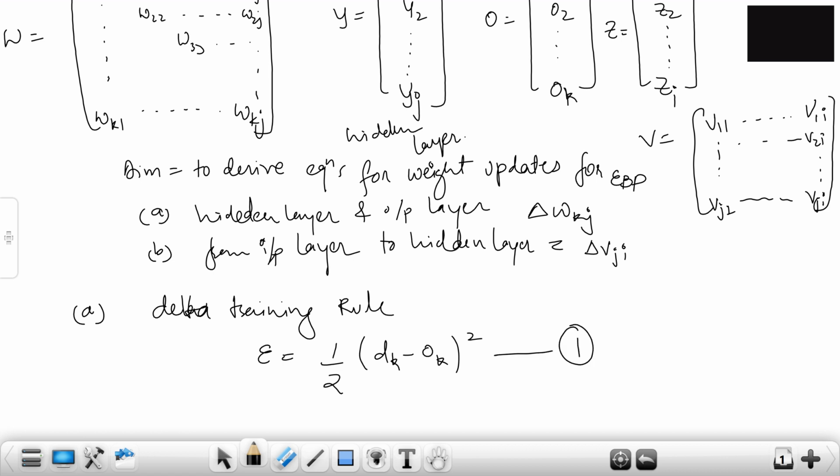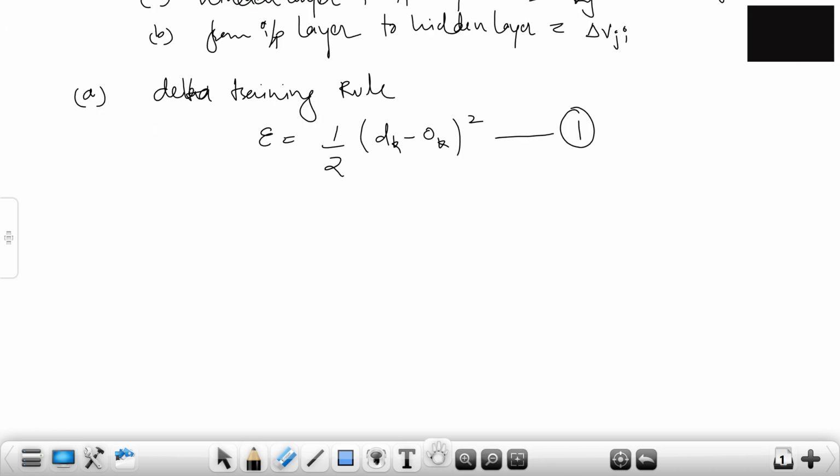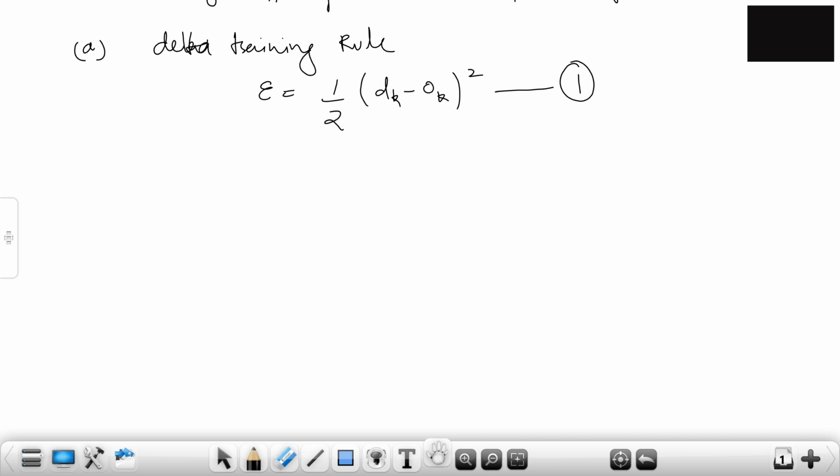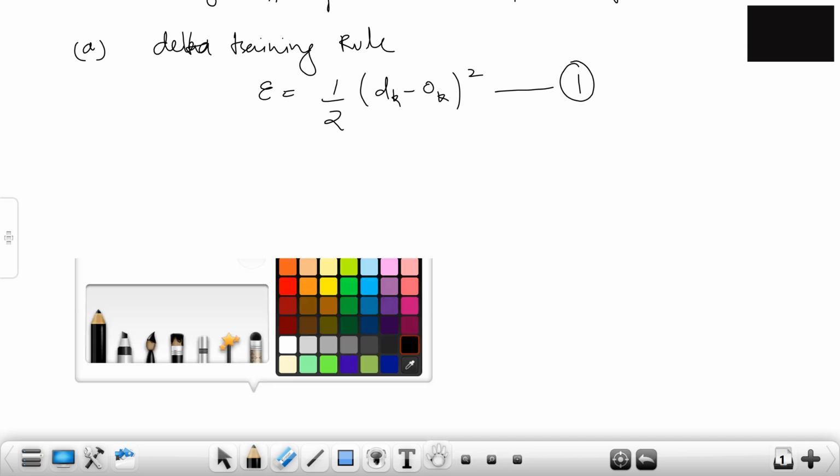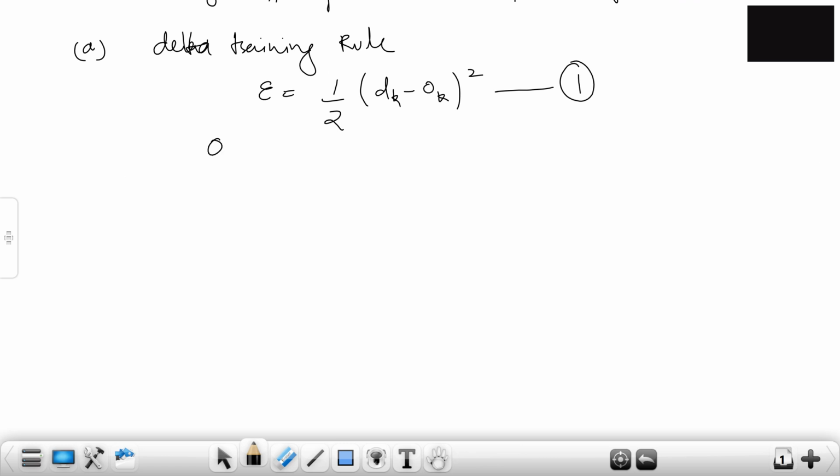Using the delta training rule for the first one, this is your squared error, where Ok equals f of net k, equals f of W, that's your weight matrix.